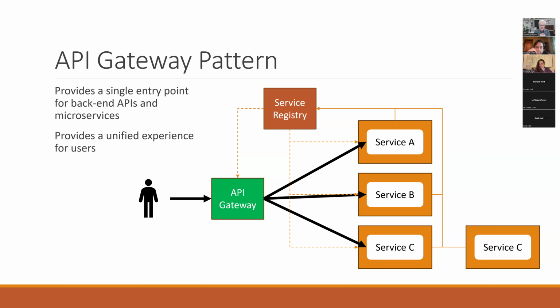Now, it can also mean that that gateway becomes a single point of failure, right? If my API gateway goes down, then what happens? No one can talk to the microservices on the back end. So having a very robust and reliable API gateway is extremely important. Extremely important that it is rock solid.